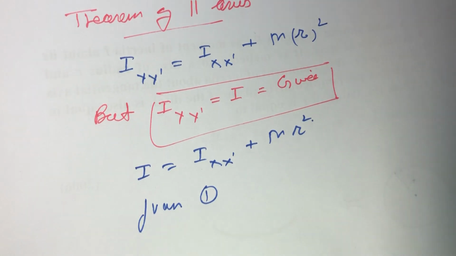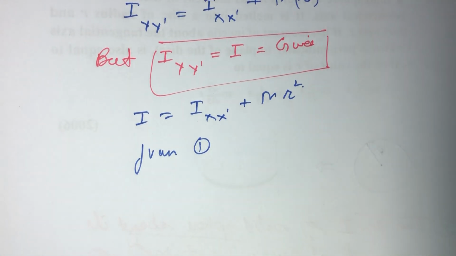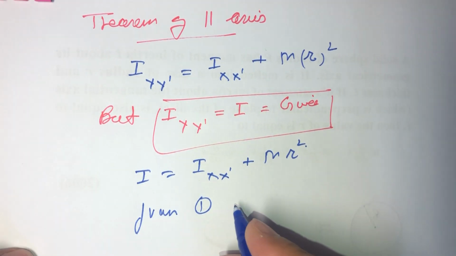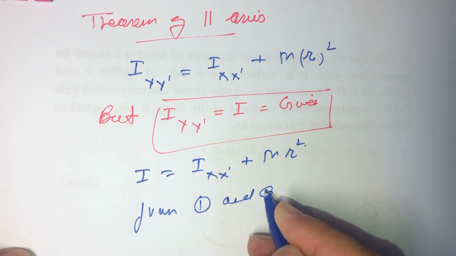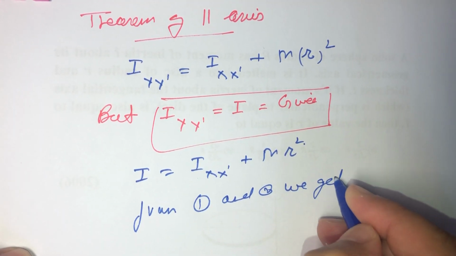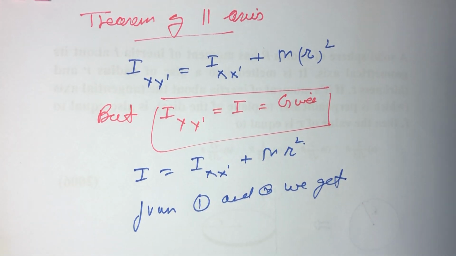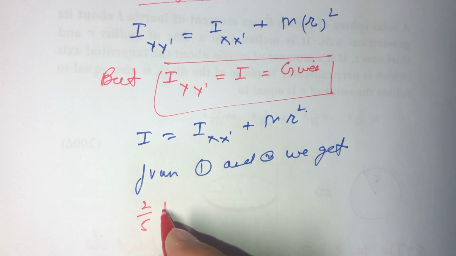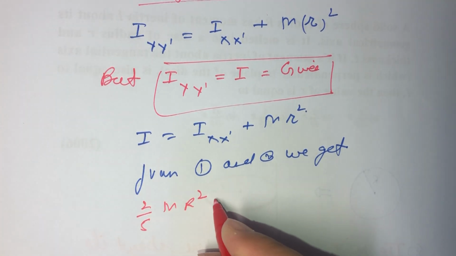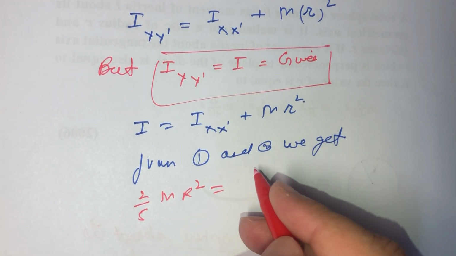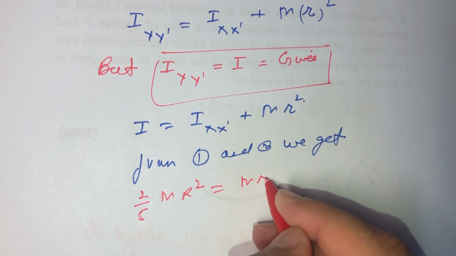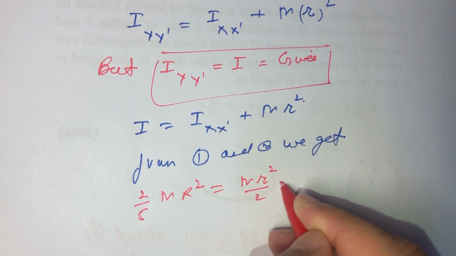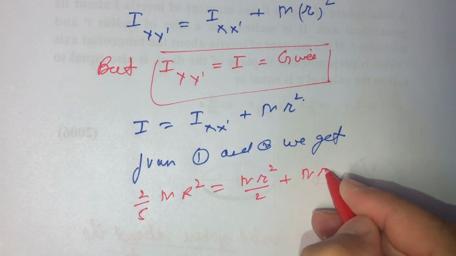Therefore, using equation 1 and 2 we get, I is given as 2 by 5 mR square is equal to I x prime, which is m r square divided by 2, plus m r square.